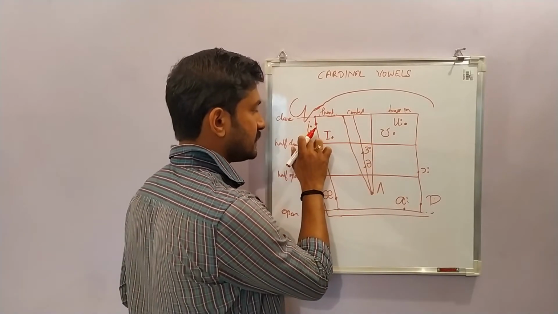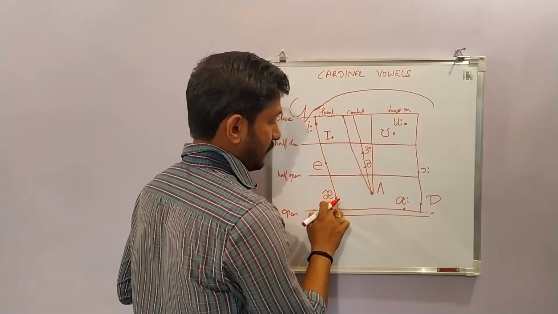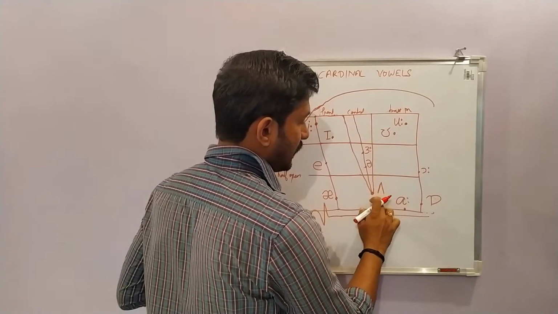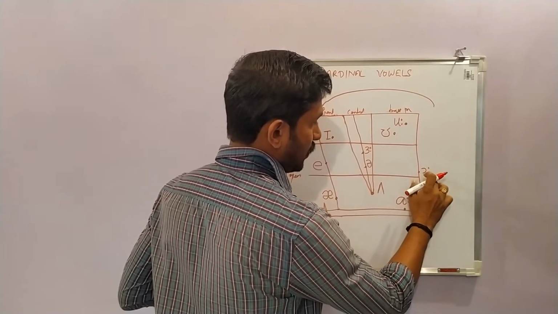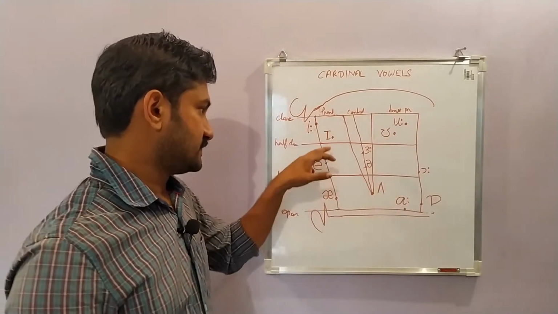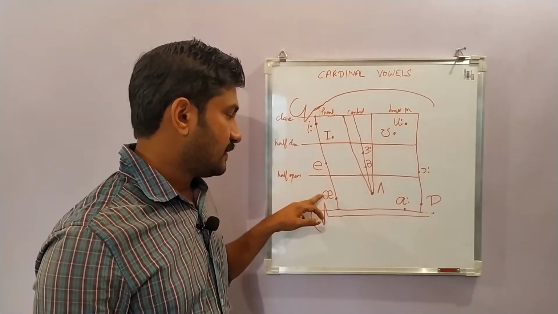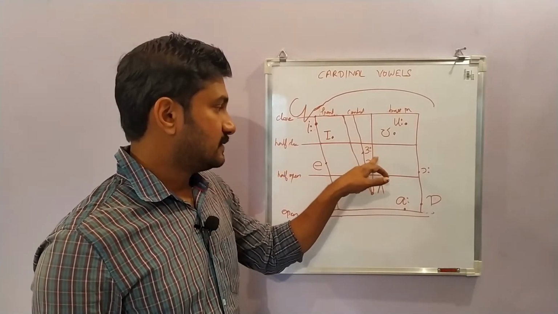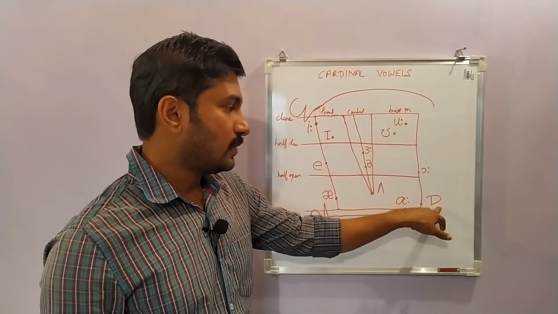This is E, this one E, A, this and this, O, U, right. E, A, O.